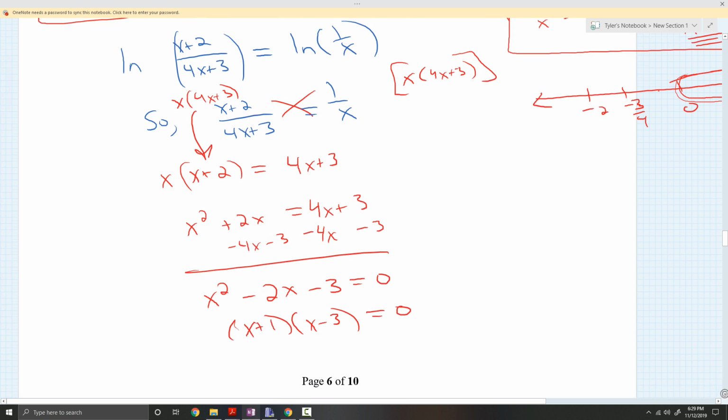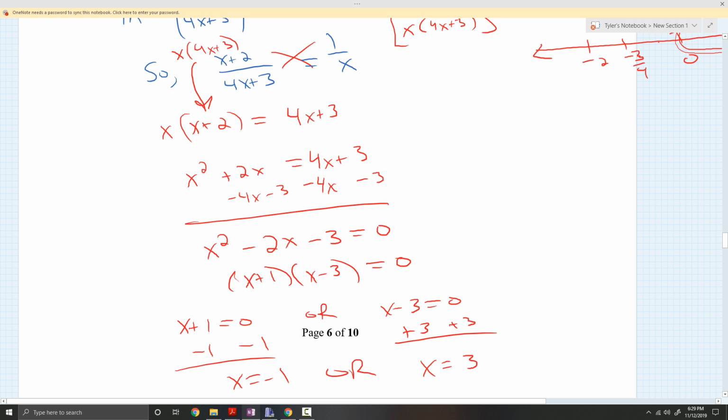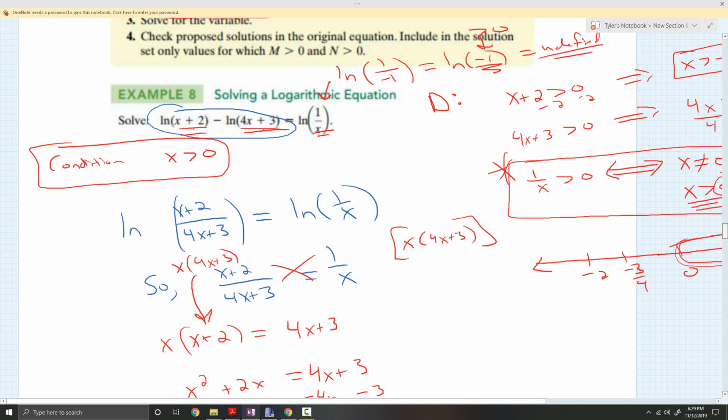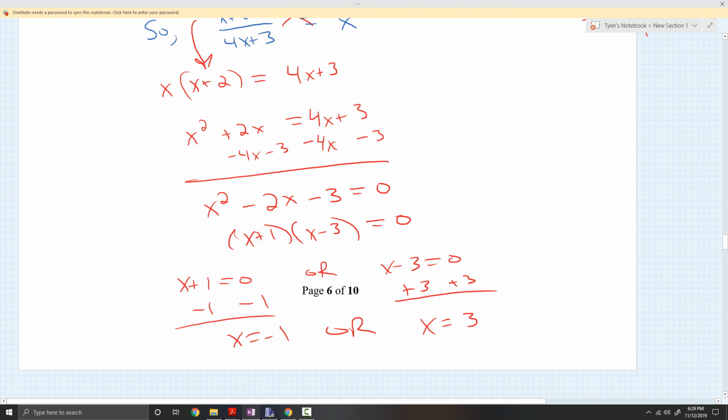So x plus 1 equals 0 or x minus 3 equals 0. Subtracting 1 from both sides, we get x equals negative 1. And adding 3 to both sides, I get x equals 3. So one of those looks to be the solution. But remember, in checking our conditions, we said that x had to be bigger than 0. So negative 1 gets thrown out, and x equals 3 is the solution. The solution set is just 3.